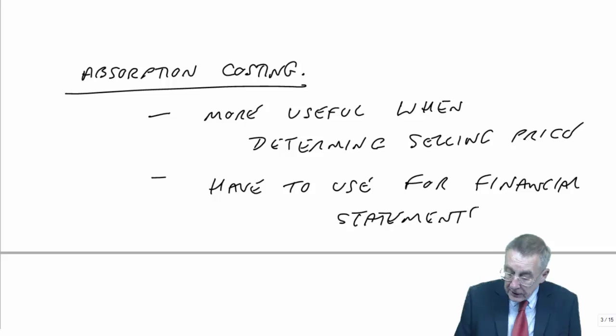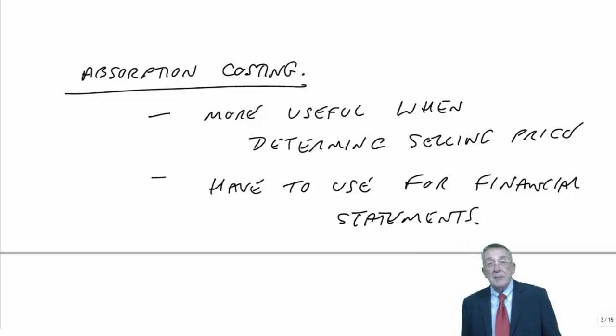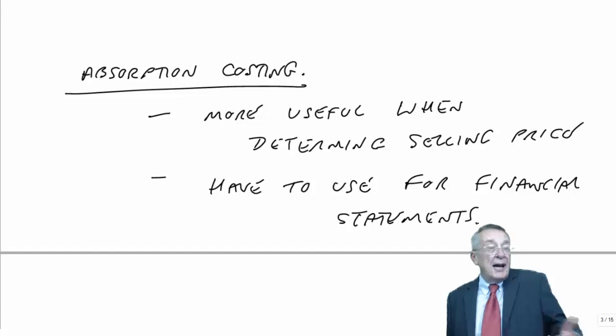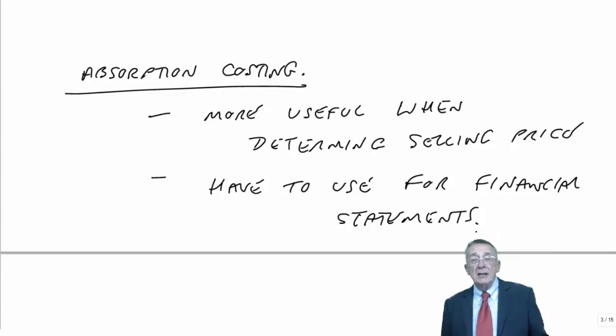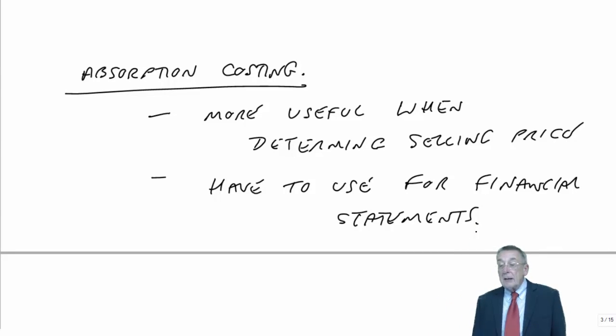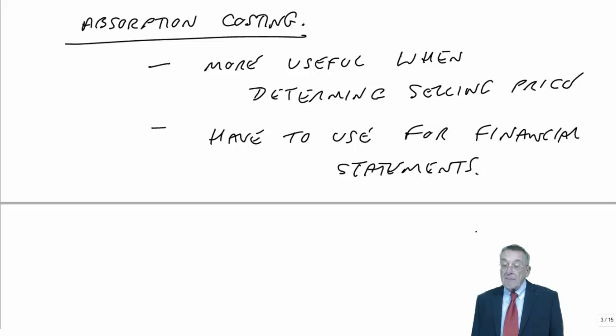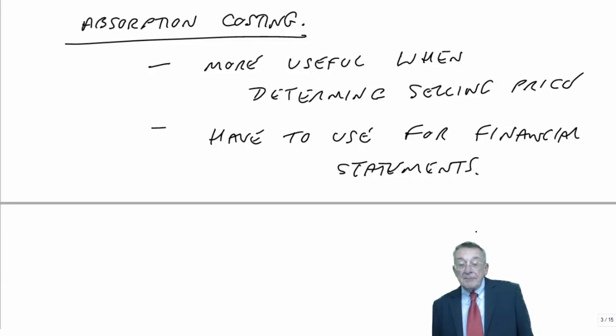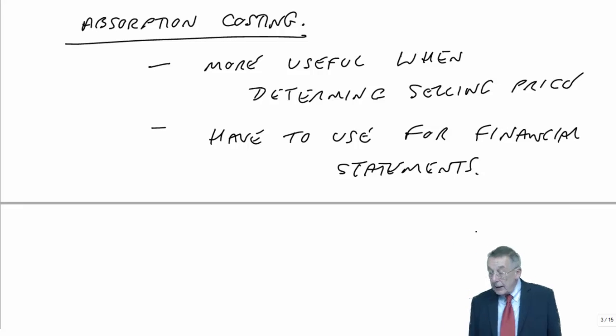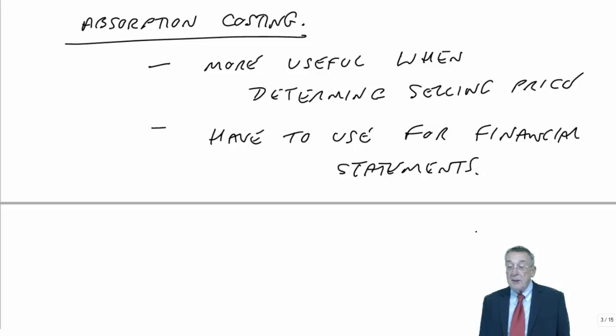Sorry, it may sound as though I contradicted myself. We have to use it for financial statements, or statutory accounts. What I mean is, we don't have to do it the same way in our management accounts at all. Management accounts, we do whatever we want, whichever we find more useful. So there are the main reasons why we might prefer to use absorption.